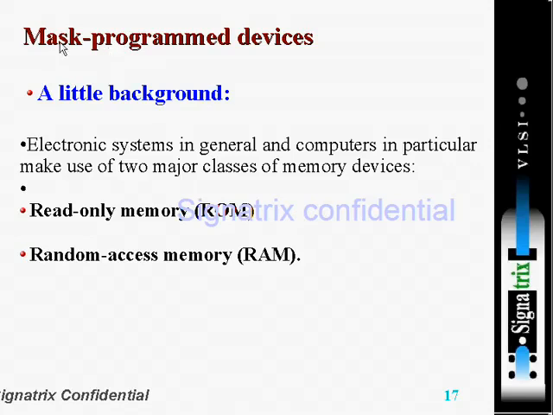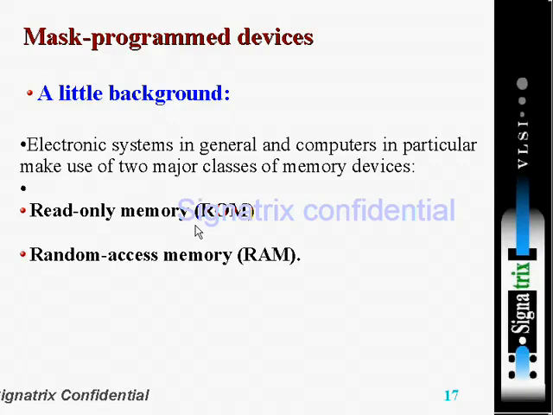Now we'll see mask programmed devices. First we see a background on that. Electronic systems in general and computers in particular make use of two major classes of memory devices, ROM and RAM. We all know what ROM is and what RAM is: read-only memory and random access memory.